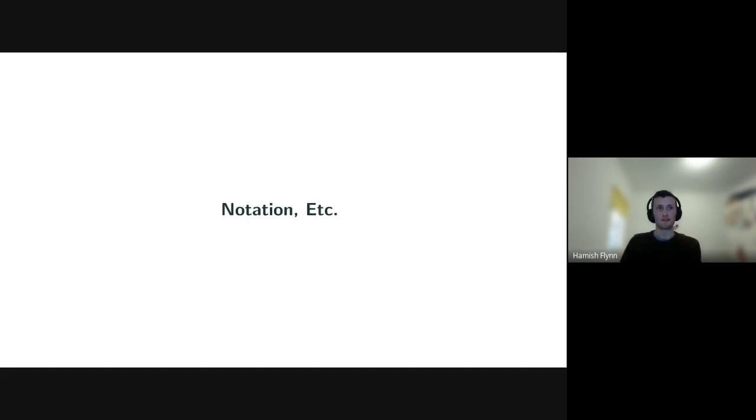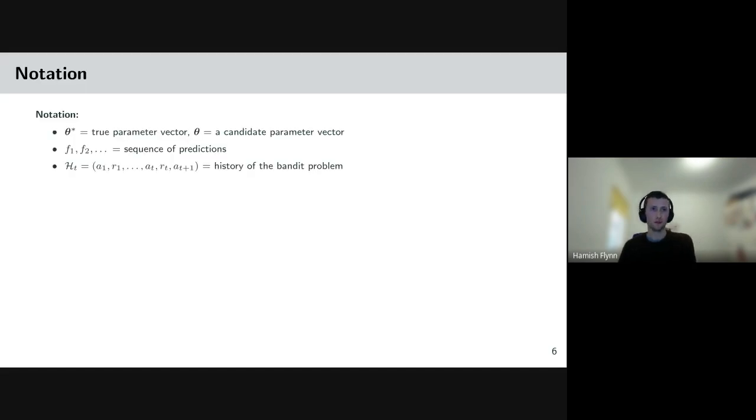Okay, so before all that, I'm going to quickly establish some of the notation that I like to use. In this talk, theta star will always be the true parameter of the linear reward function, and theta is always a candidate parameter vector.